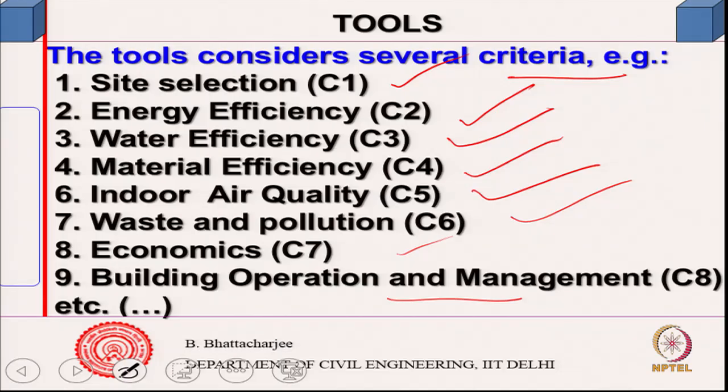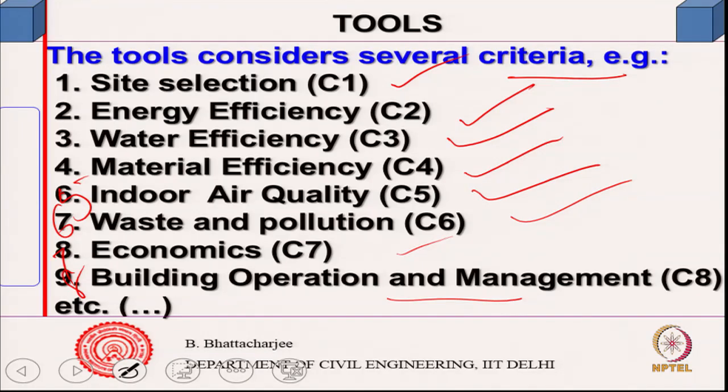So, there are different criteria that could be there, right. This is actually 8 of them, not 5, 6, 7, 8. So, 8 of them are there.